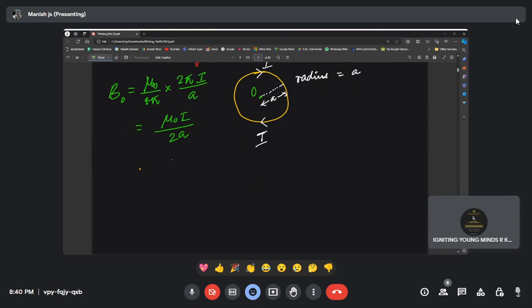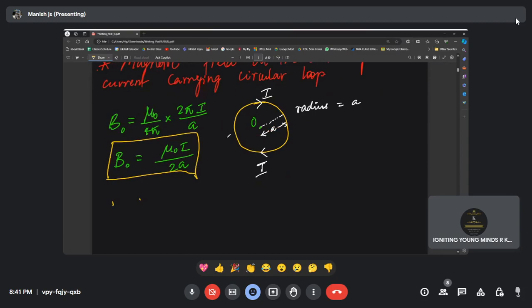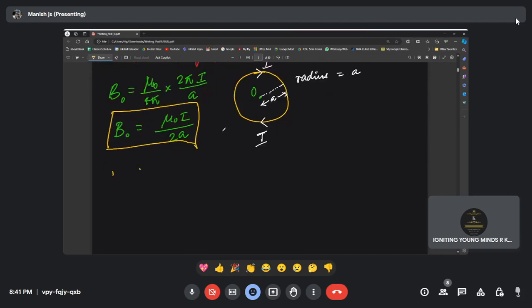Fine. So this is the relationship for the magnetic field at the center of a current carrying circular loop, where A is the radius, I is nothing but the current passing through the current carrying circular loop. Irrespective of whether it is going to be clockwise or anti-clockwise, directly you can apply and find out. You just need the information about the current and the radius.